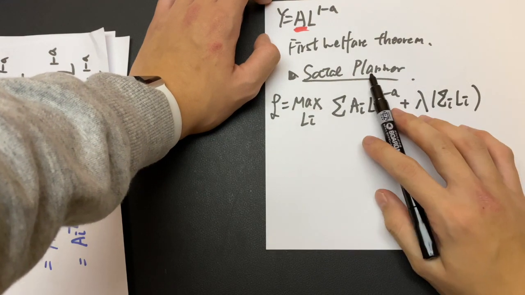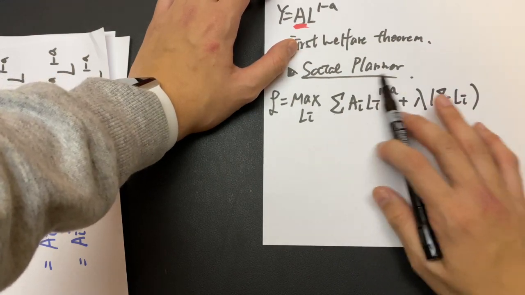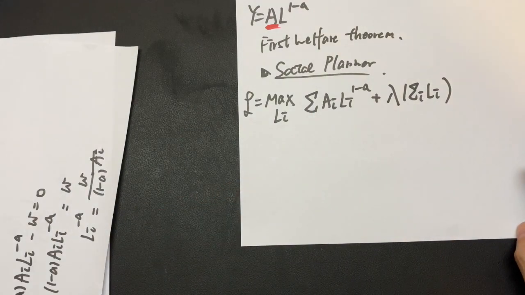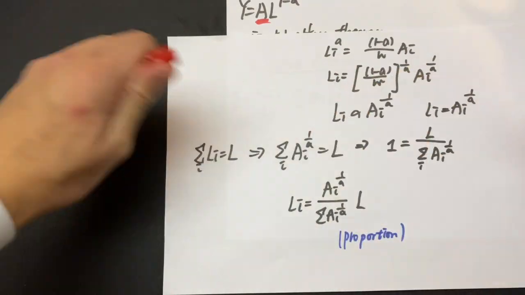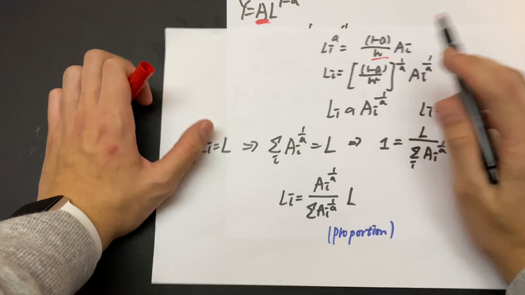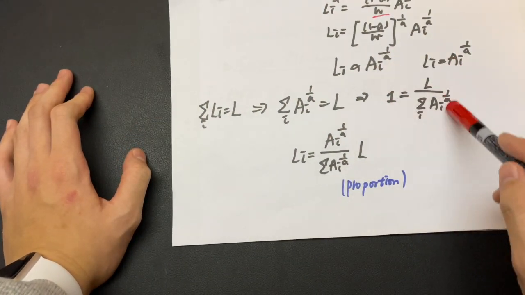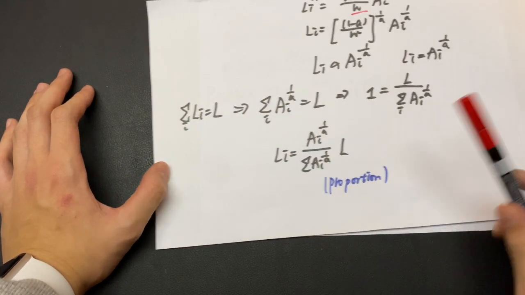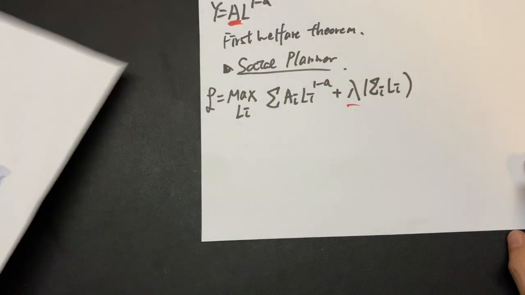So the constraint the social planner faces is the labor constraint, and we maximize the total Y subject to the labor constraint. If we take the first order condition, then you can get something similar to this. The only difference is that the constant here is no longer the wage, but the Lagrangian multiplier. Henceforth, you can also get this relationship, replicate this process, get this proportion, and substitute this back in the aggregate production function for each firm to get the same result.